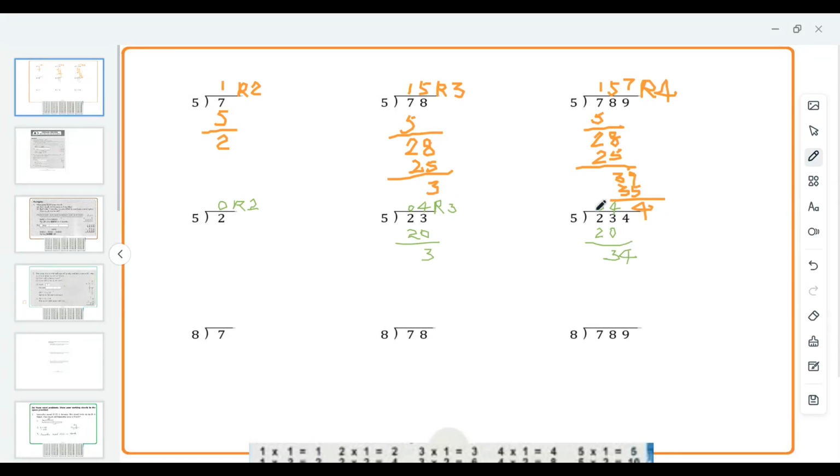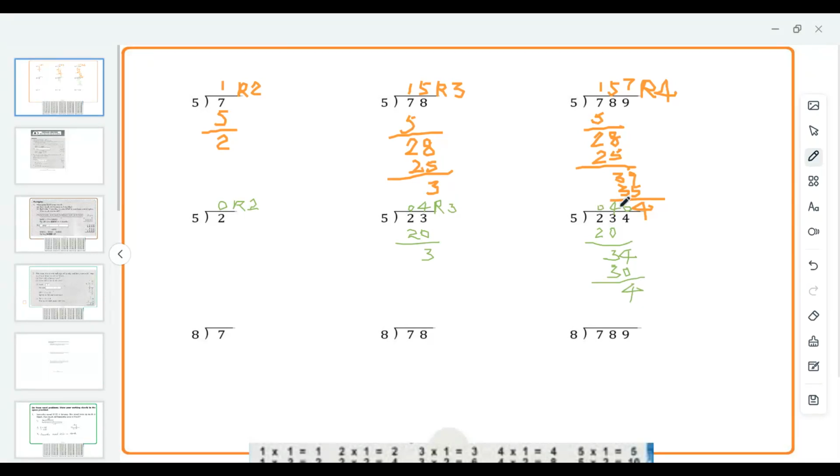Then we know there's a 6. There's 6 5's in 34 because 5 6 equals 30. Then now 34 take away 30, left over is 4.